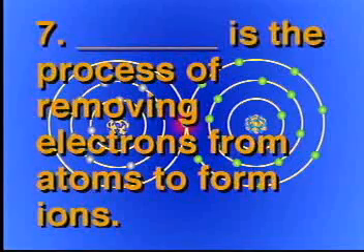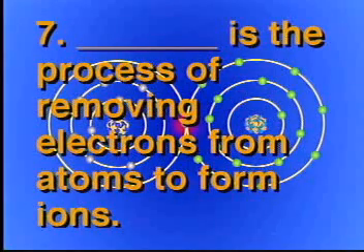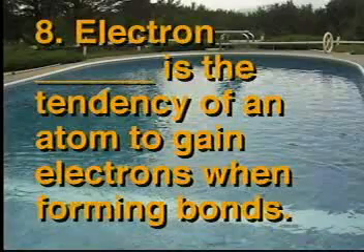Number 7. Ionization is the process of removing electrons from atoms to form ions. Number 8.